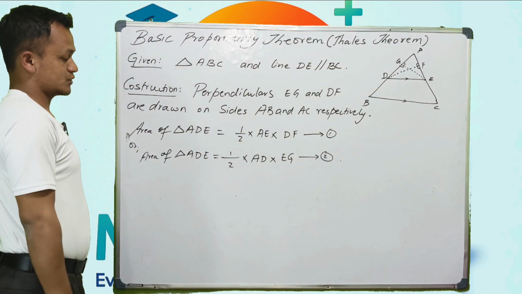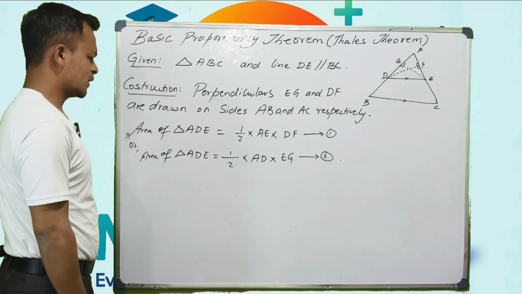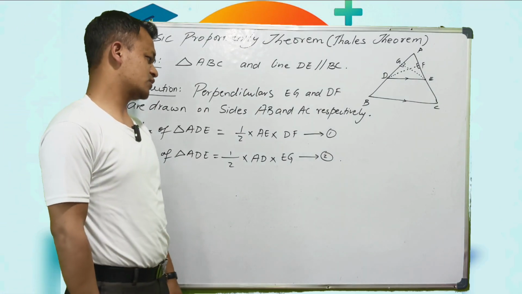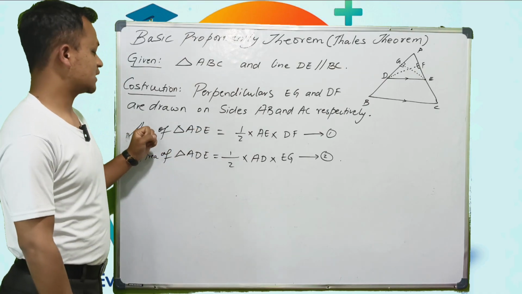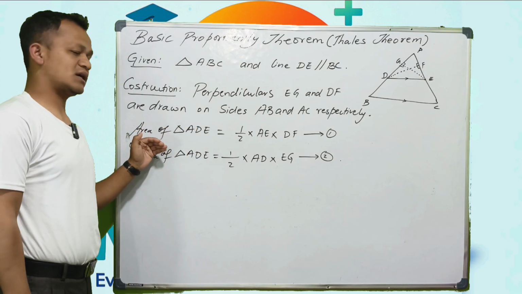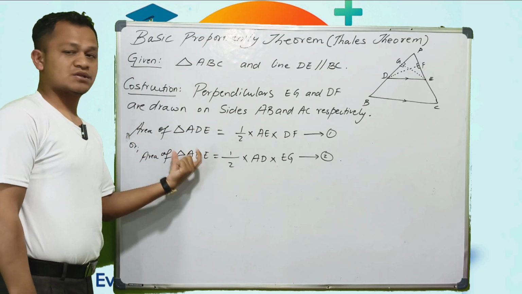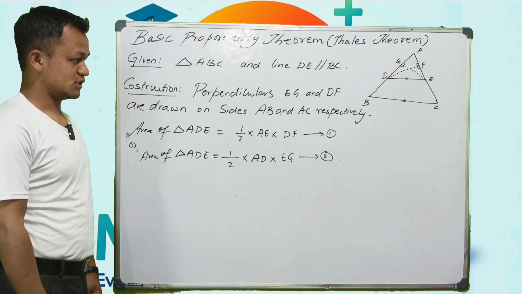So those are the two areas of triangle ADE. Even though the height and the base are different, we must keep in mind that the areas are the same, since we are considering the same triangle ADE.